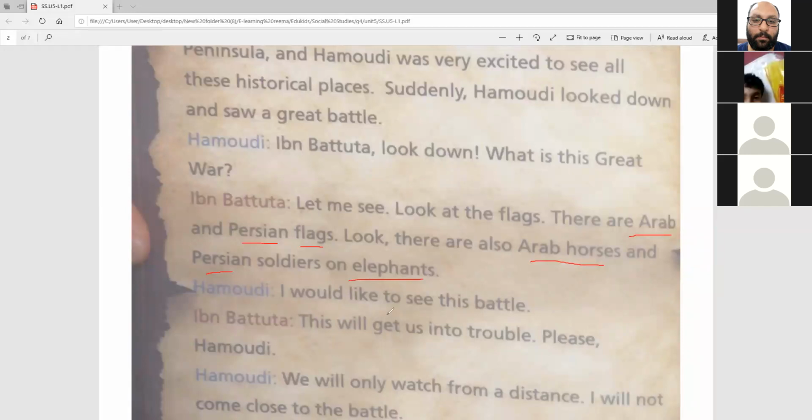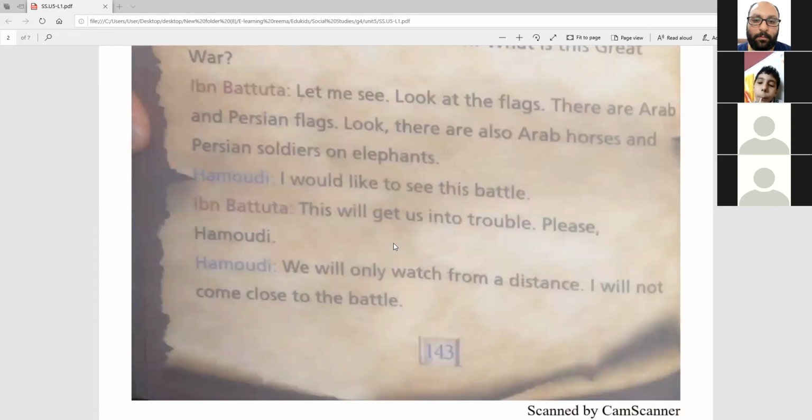Mister, page 142. Yeah, to see this battle, I would like to see this. 142. Finish. 143 now. We can, Mister, read from 100. One minute.